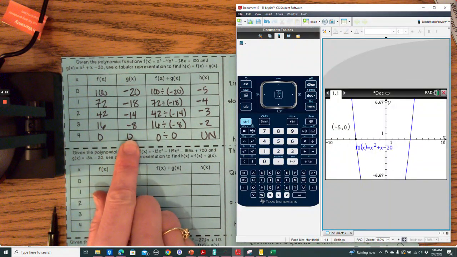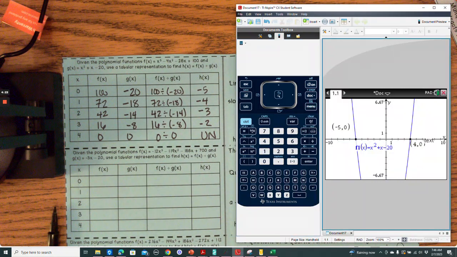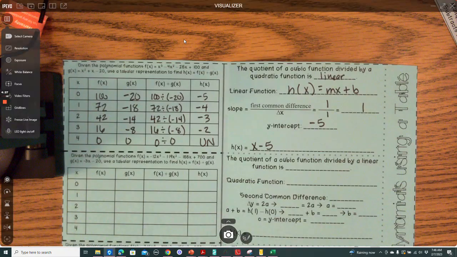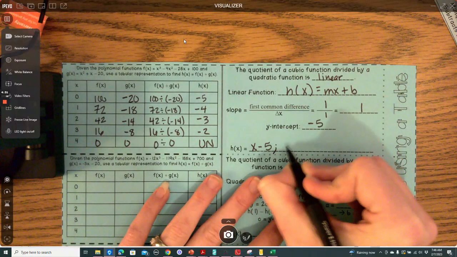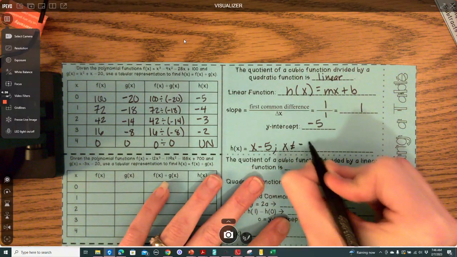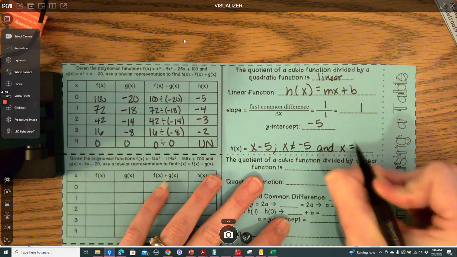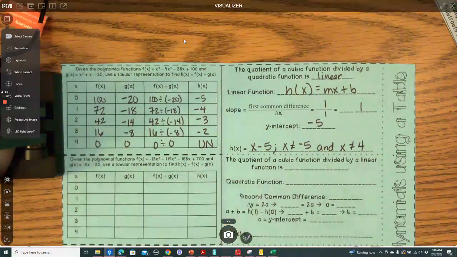It resulted in division by zeros. So just to show you on the graph that it's 4. Okay. So x minus 5 is our answer, where x cannot equal negative 5 and x cannot equal 4.